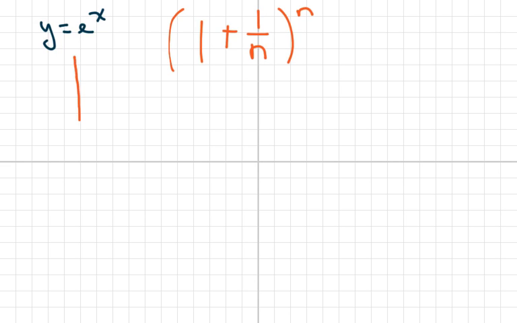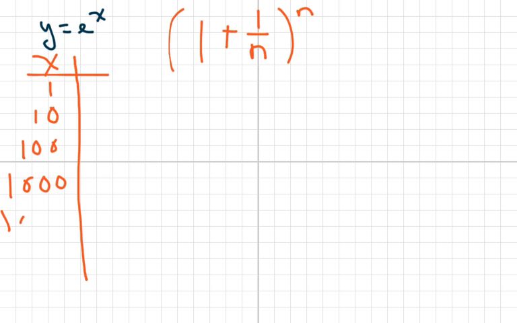So if you do a table of values for this, I plug in 1, and then 10, then 100, then 1,000, then 10,000, then 100,000, and then 1,000,000, and so forth.